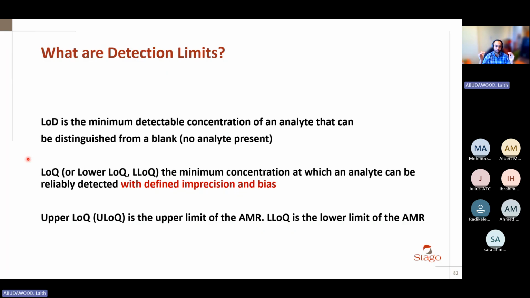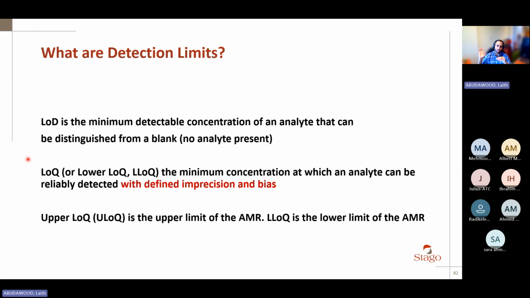There is nothing. Limit of detection is usually higher than the limit of blank. Anything below the limit of blank, even if the machine tells you that it exists, we say no, it does not exist.